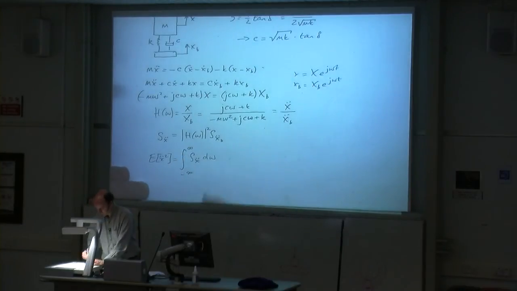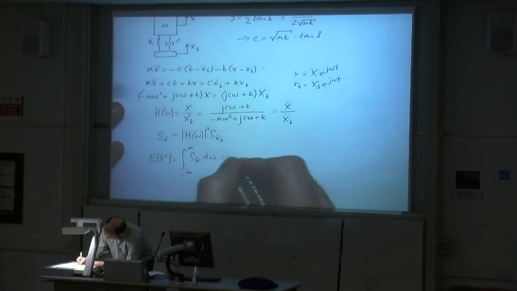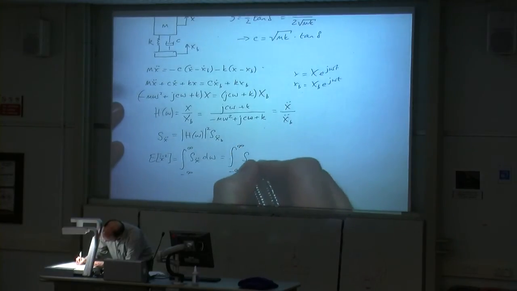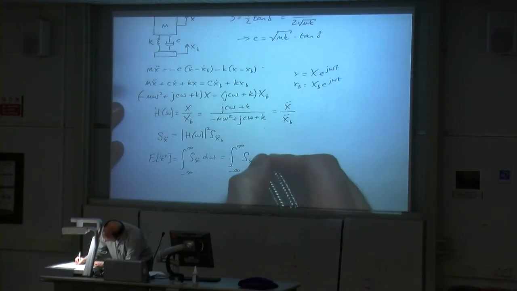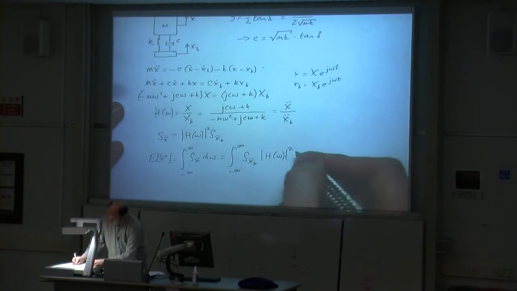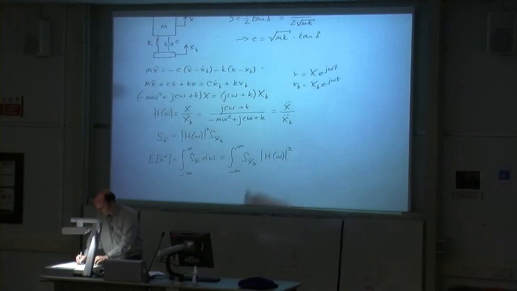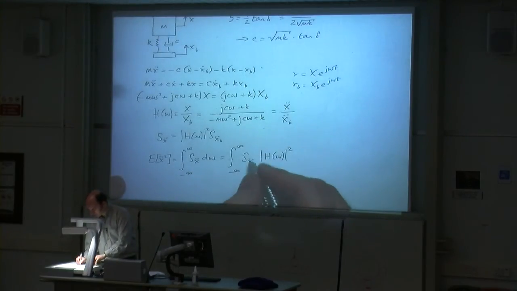And S we know is a function of omega. And so we know that this is the integral from minus infinity to infinity of S xb double dot times H omega squared. Now we know that this value, the power spectral density of the input, is a constant.